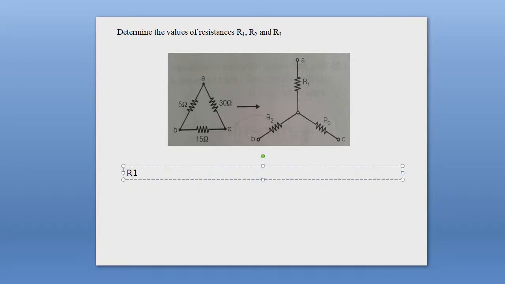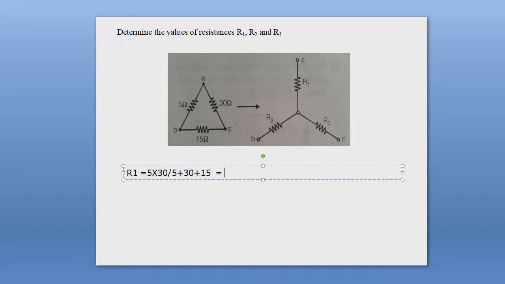So R1 equals, not 50 ohm, 5 ohm into 30 ohm, so you will get 150 ohm. Let me write it: 5 into 30 divided by the sum of 5 plus 30 plus 15.